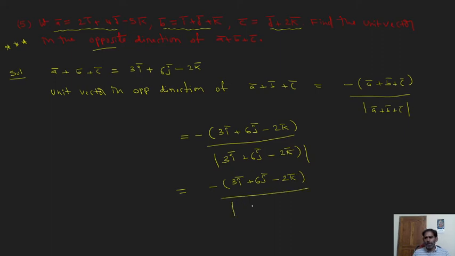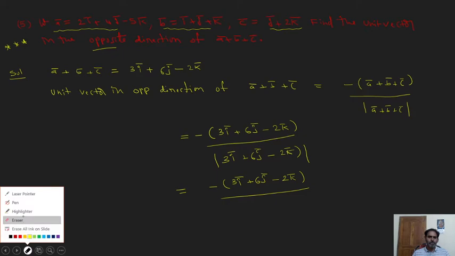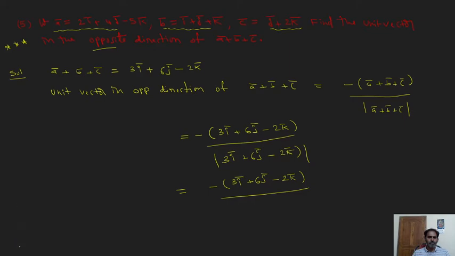Here is 3 common? No, there is no common value here. So how to find the modulus? See, square root of 9 plus 36 plus 4, that is root 49.